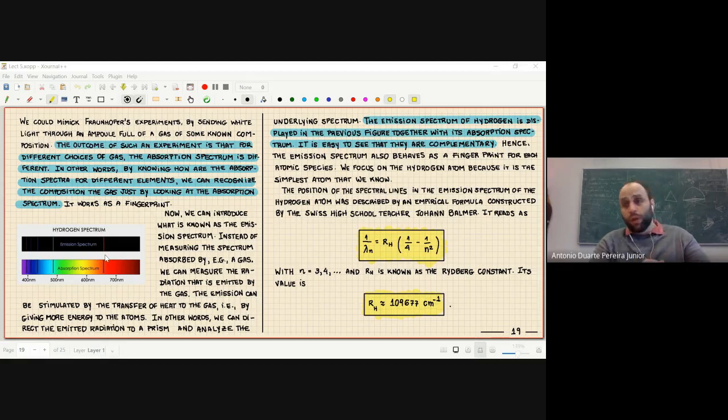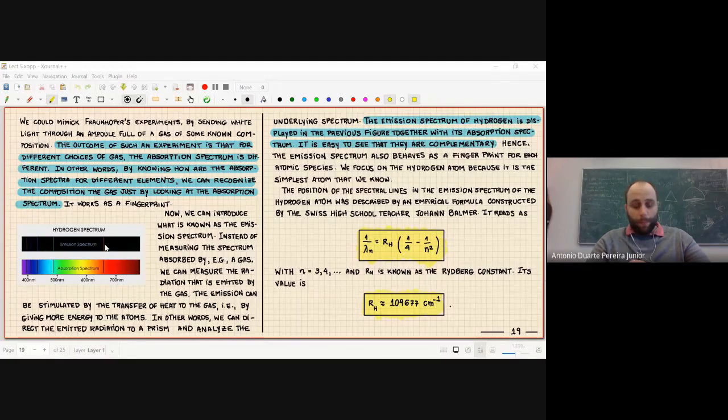But also, we could heat this gas of hydrogen and make hydrogen emit radiation. And you're going to see the emission spectrum of the hydrogen. And the picture that you're going to see is complementary to the picture that you saw for the absorption spectrum.